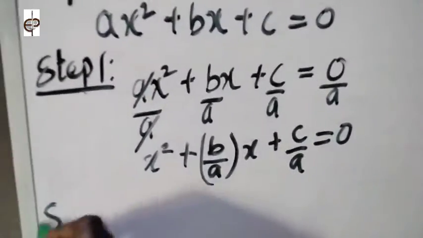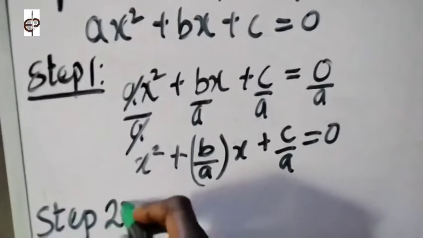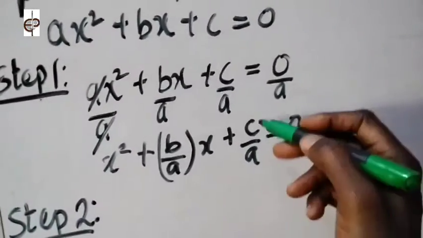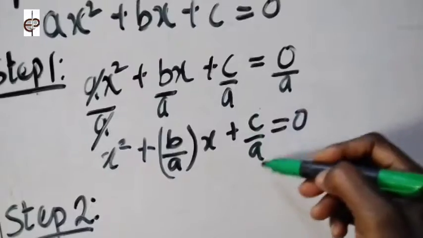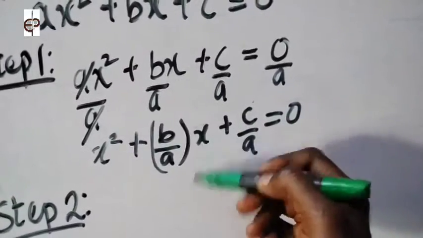Step number 2 is to move the constant term. Why is it constant? It has no variable x.